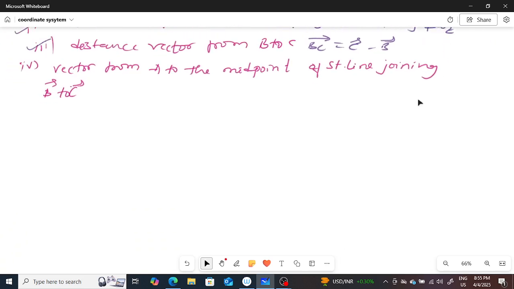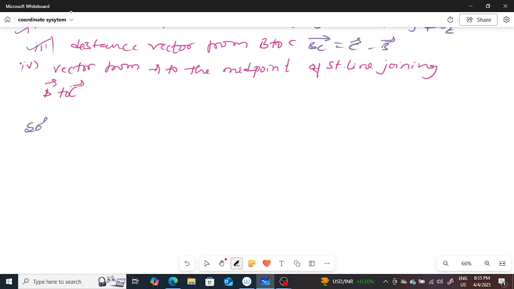Now I am giving you the solution for the fourth one, which is simple, but you need a recall of previous formulae, right? So the midpoint: how will you find the midpoint of any line?